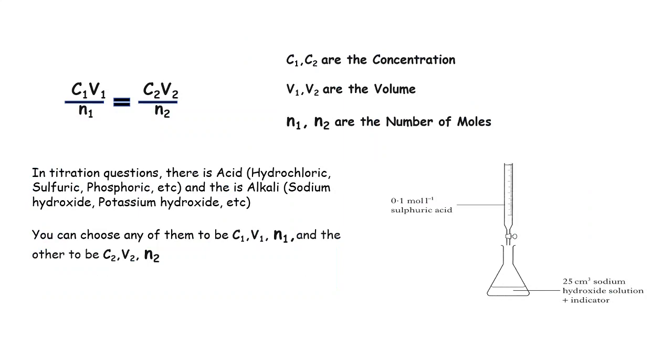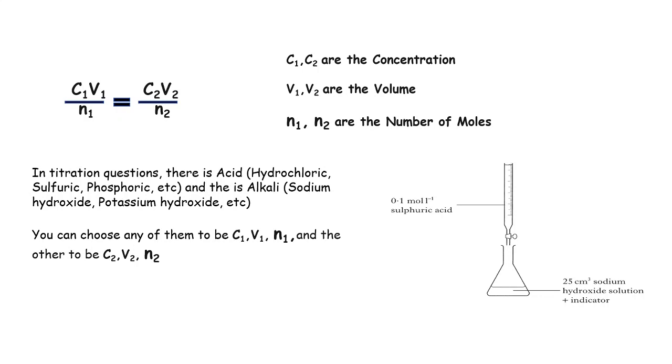The second equation we are going to look at is C1V1 over N1 equals C2V2 over N2. As with all titrations, we always have acid and alkali, and we can choose any one to be 1 and any one to be 2, but I like to have a routine, so I start with the burette as number 1 and the flask as number 2.